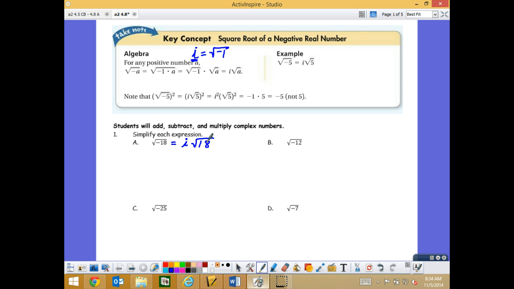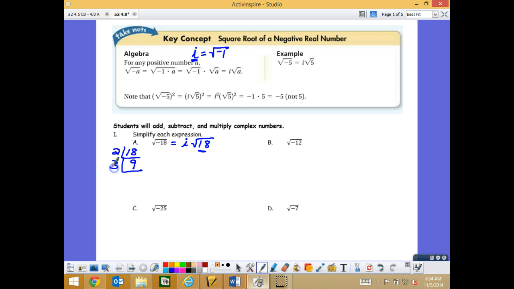So then what we do from there is simplify the square root of 18, just like we did in the last unit. And a couple of different ways you can do that. You can look for a perfect square that goes into 18, which many of you might be able to see is 9. Or you can do the upside down division. And during the upside down division, 18 is even, so I divide it by 2, goes in there 9 times.